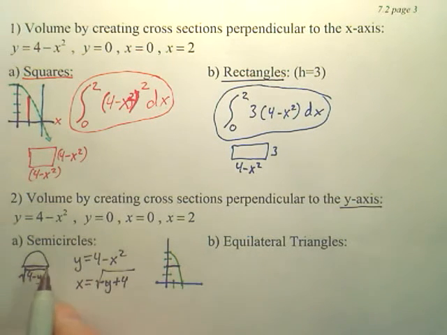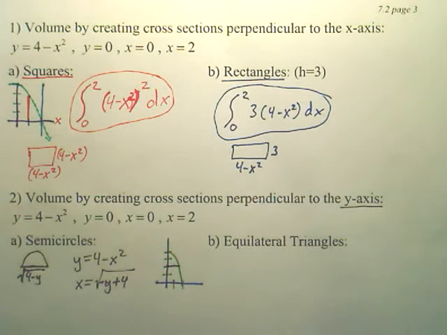This base, this diameter of this semicircle right there, is the square root of 4 minus y. Got it? That's the diameter. Now, if we are going to find the area of this shape, don't we need the radius? And then to find the area, aren't we going to find the area of this semicircle and then use integrals to sum up all those?